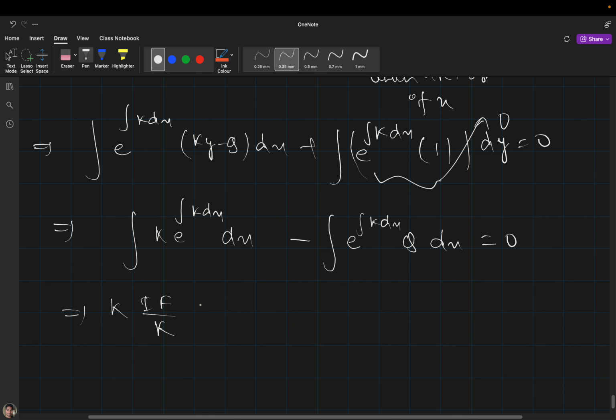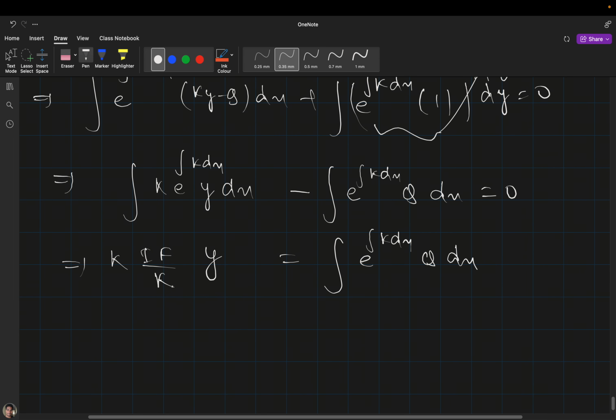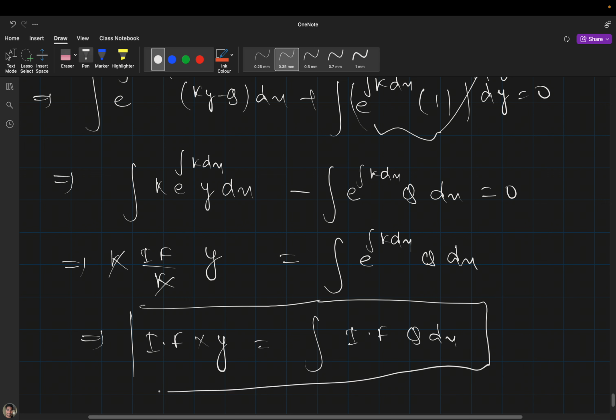Okay, y is missing here. Now it is the integrating factor times y equal to the integral of integrating factor times q dx. This is the derivation which you usually apply. Any doubt?